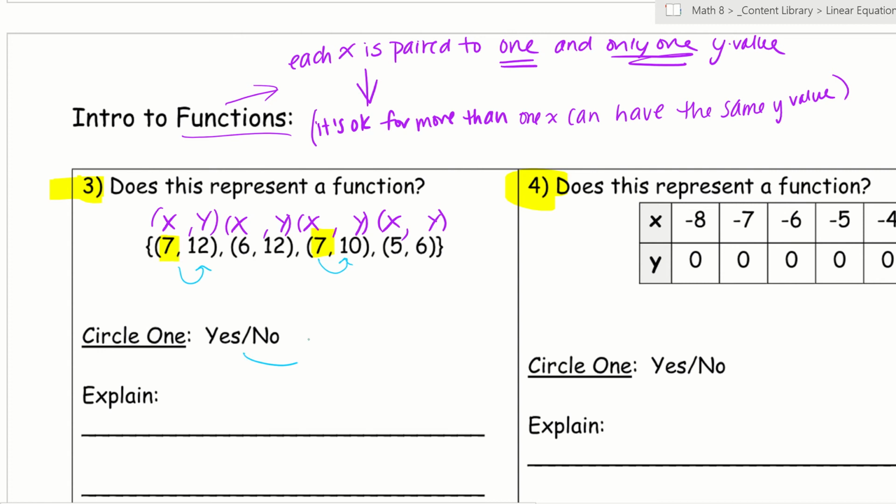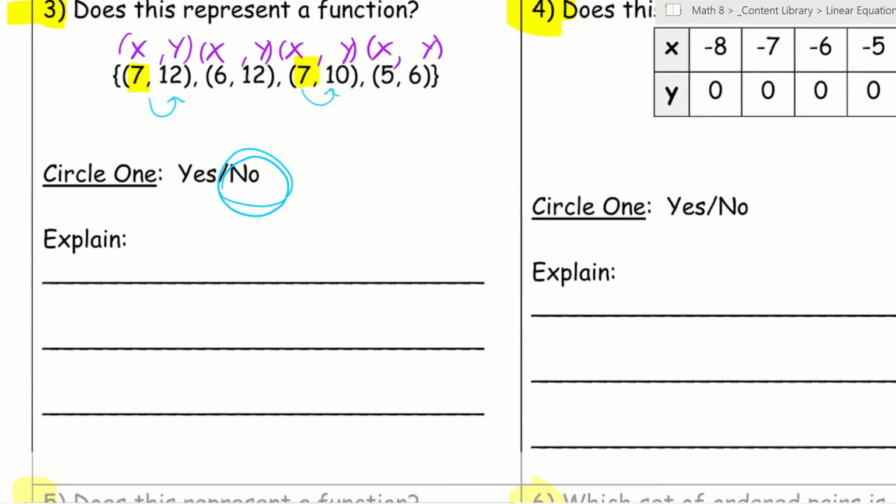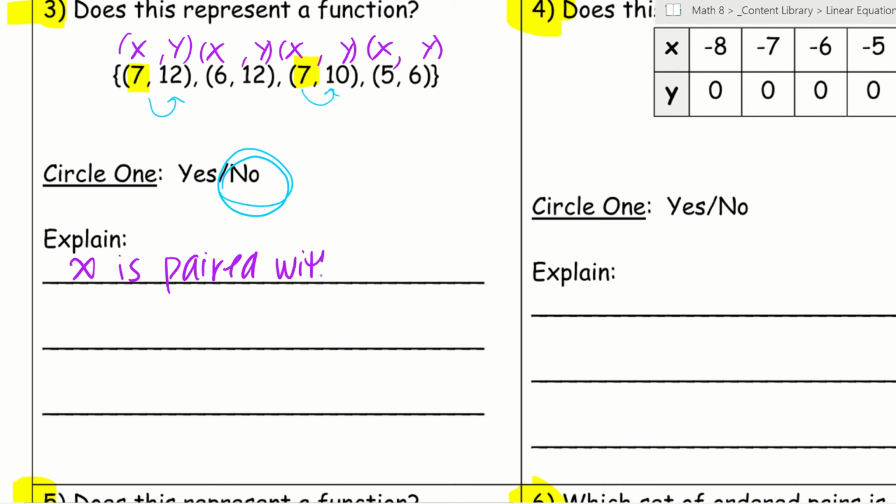That cannot happen, so it is not a function, because x is paired with more than one y value. More specifically, x equals 7 is paired with more than one y value.